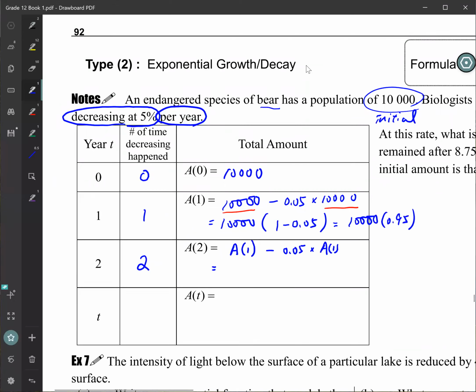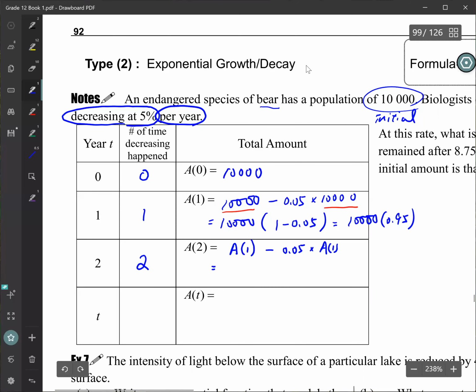Cindy? A1 bracket 1 minus 0.05. Yeah, very good. So we will do the same thing. We factor out, just like before when we factored out 10,000, here we factor out the A1. A1 is represented by what we highlighted, this one: 10,000 times 0.95 is A1.